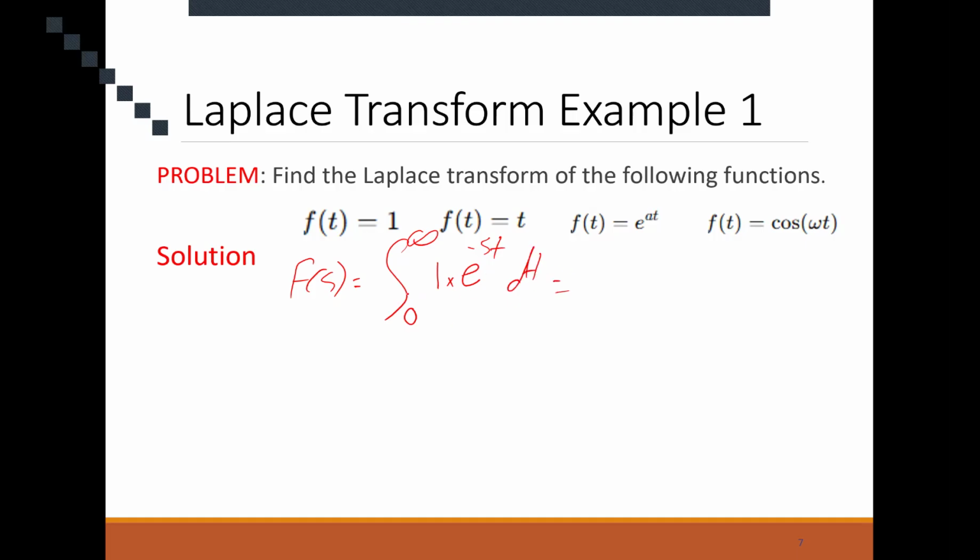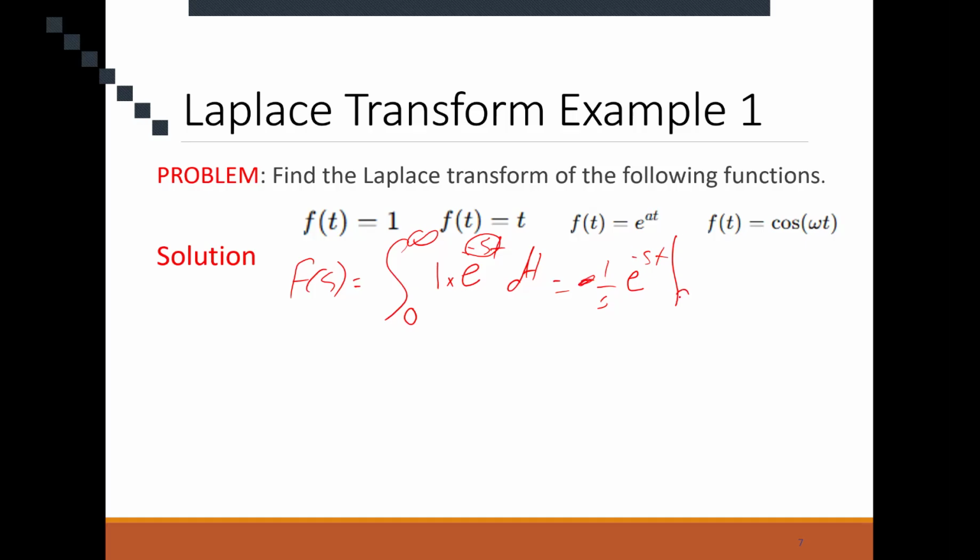What is the integral? It is going to be 1 over s, or minus 1 over s? Minus 1. This is the multiplication of the t, right? Minus 1 over s times e to the minus st. Now, this is evaluated from 0 to infinity.